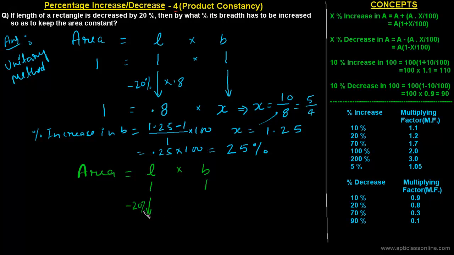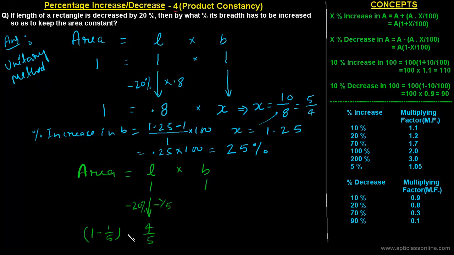So 20% decrease in terms of fraction means it has been decreased by 1 by 5. It means 1/5 has been reduced from 1. So if you reduce 1/5 from 1, what you will get? You will get 4 by 5. How are we getting this? Because we are reducing 1/5 from 1. This is an oral calculation.